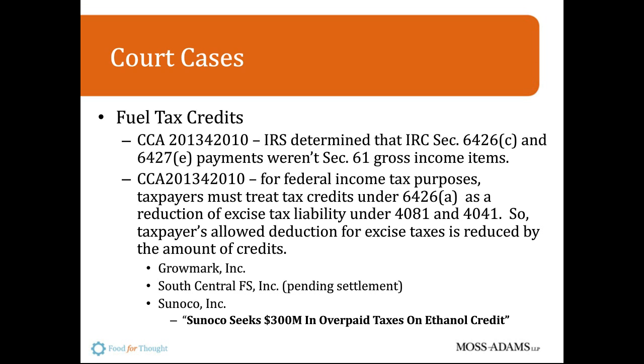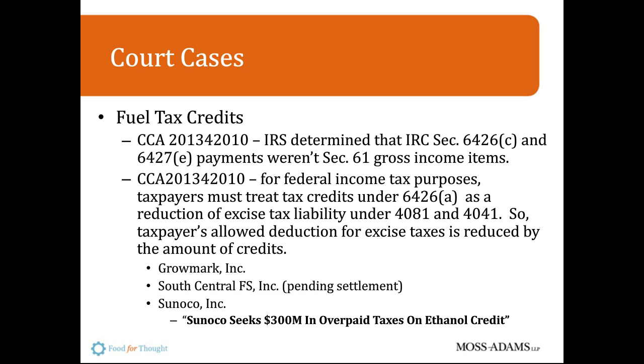These rules are made even more difficult by the fact that Congress has historically let these provisions expire and then retroactively put them in place late in the year, which means that most co-ops were asking for refunds under the 6427 provisions.